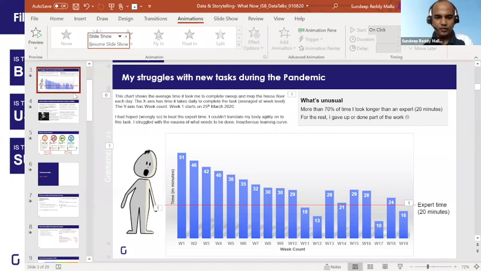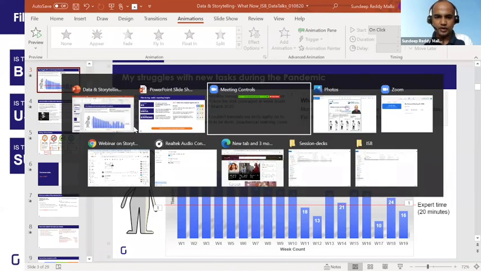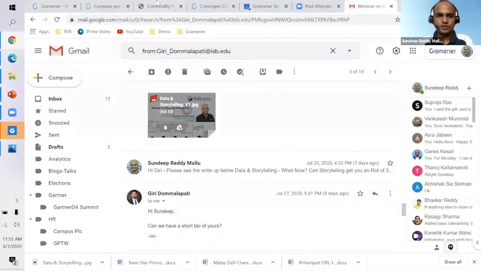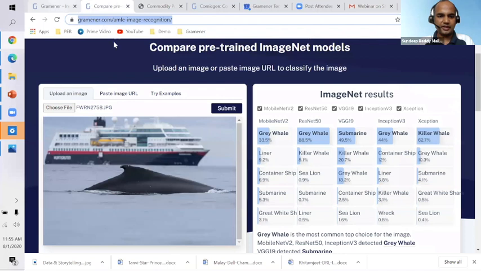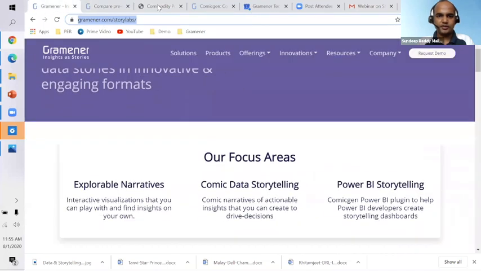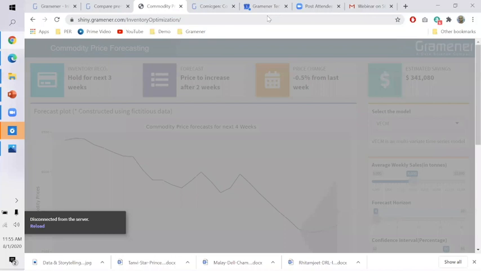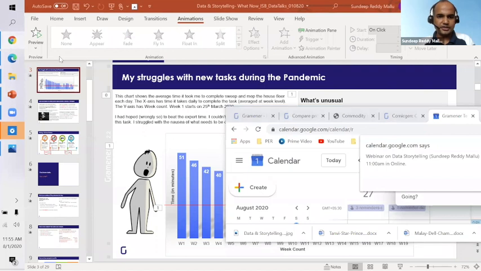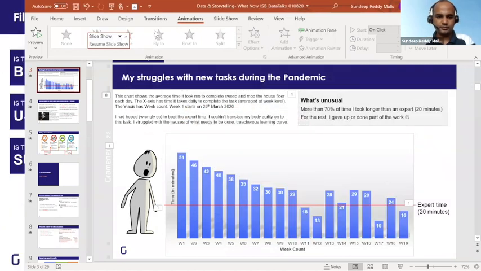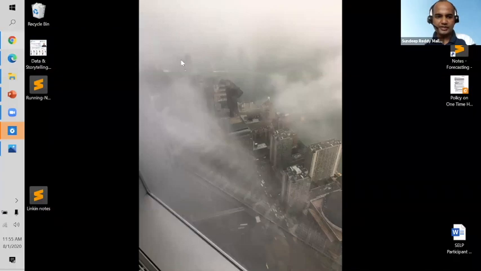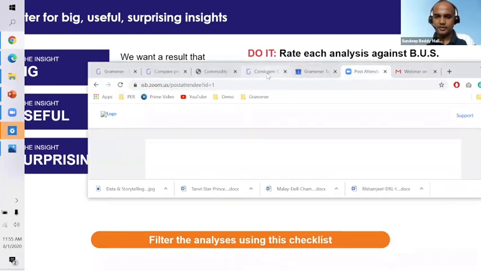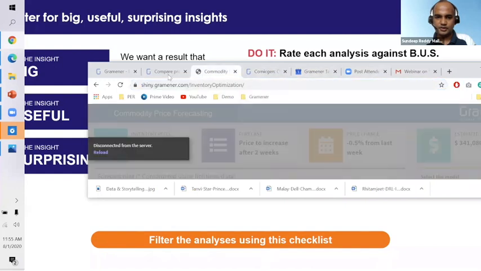But on the other hand, what we have been able to do is, let me pull this up if I can quickly. Something like a decision tree. We have a concept called insight trees that I'll include as part of the response.